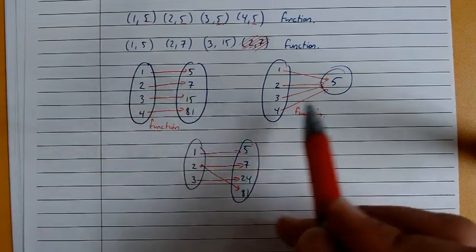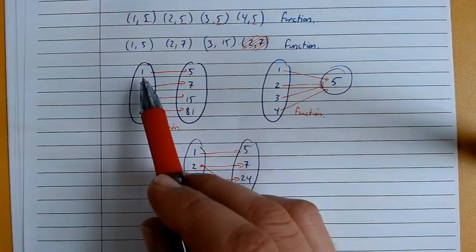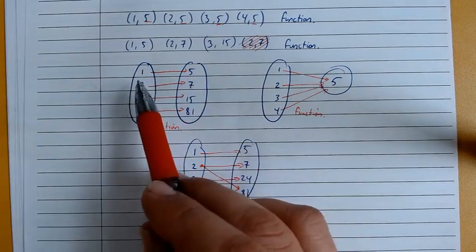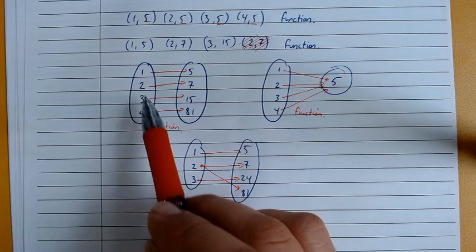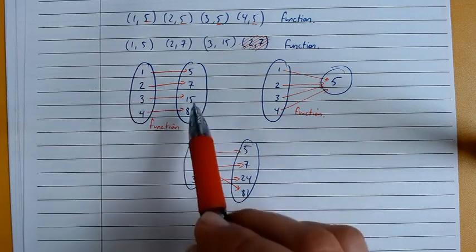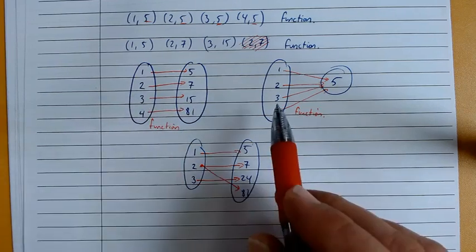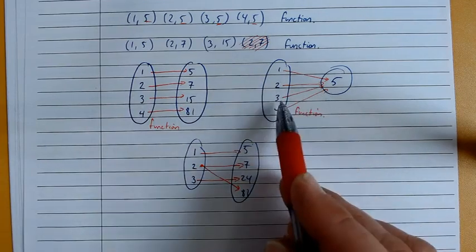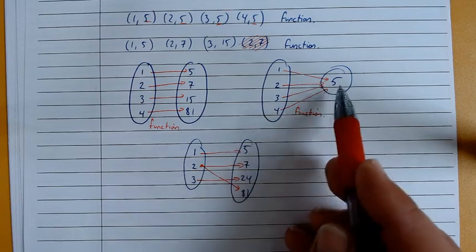That doesn't ever happen over here. If I tell you my x value is 1, you can say for certain that your y value is 5. If x is 2, y is 7. If x is 3, y is 15. If x is 4, y is 81. Same thing for all of these. If x is 1, y is 5. If x is 2, y is 5. If x is 3, y is 5. If x is 4, y is 5.